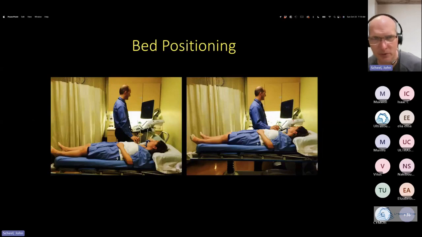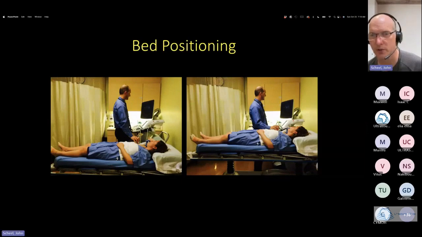Here's an example of me scanning a patient, and you can see that on the left-hand side, the bed is too low and it forces me to stretch my shoulder. Now, if you're only imaging one patient, that's not that big of a deal, but over 20 to 40 patients a day and doing it 5 days a week, this can really cause problems.